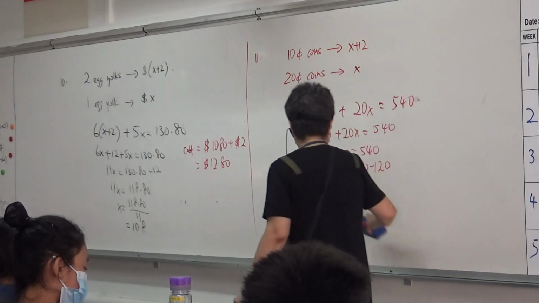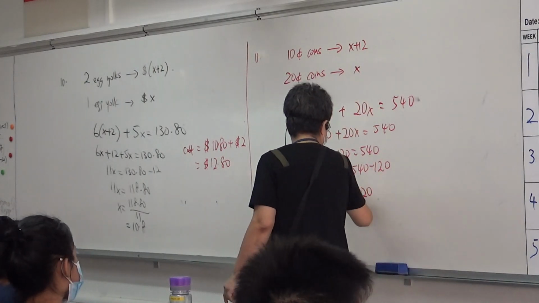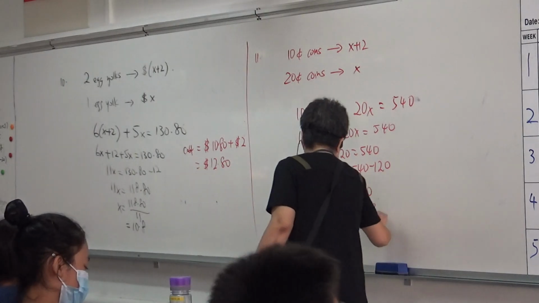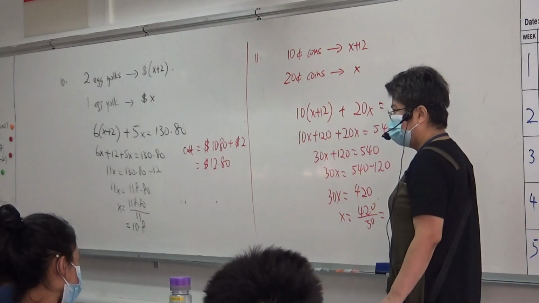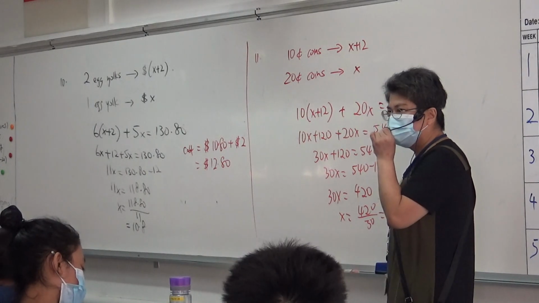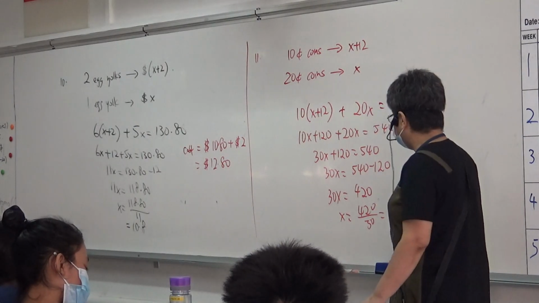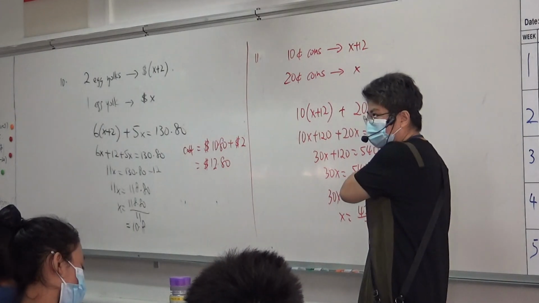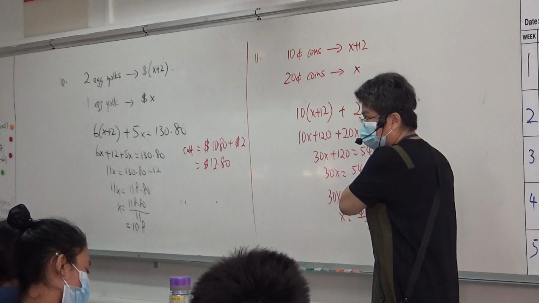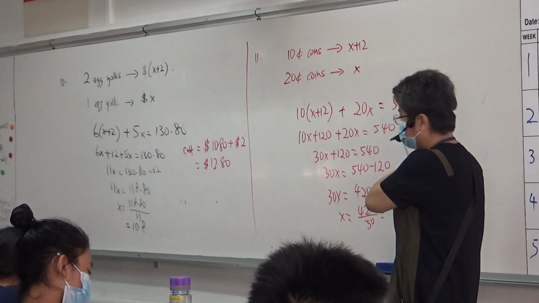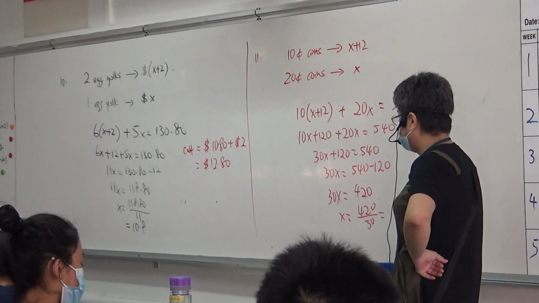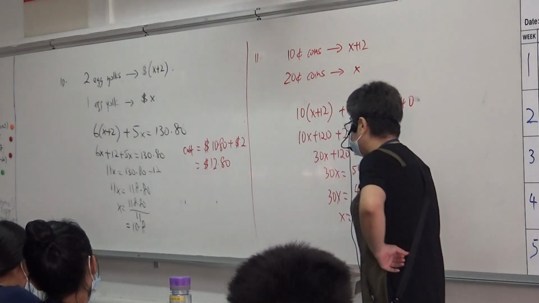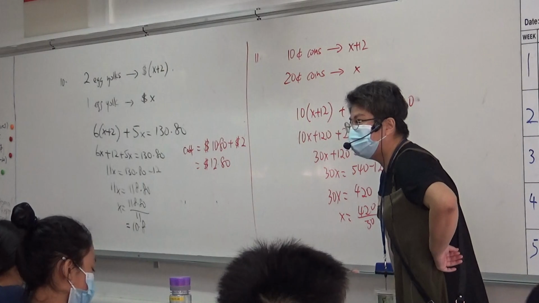Huh? 420, okay. 420. So x will be 420 divided by 30. What's that? 420 divided by 30. Right? Is this correct? Is this 14?